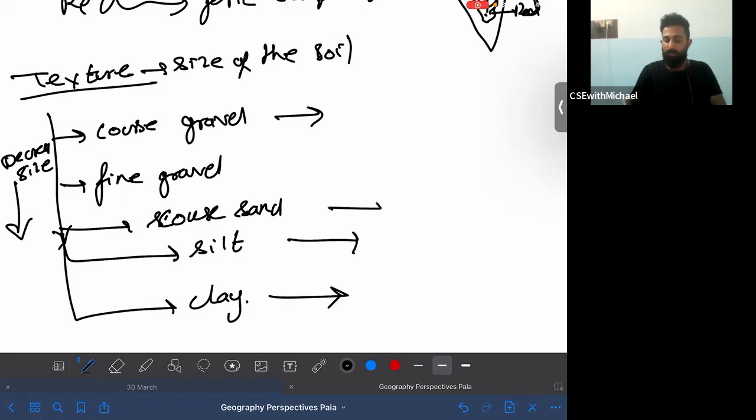Silt will be silt, and coarse sand will be the normal soil that you find, which is like sand. If there are more stones in the sand, that will be coarse gravel or fine gravel. When it is more composed of sandy material, it will be coarse sand or silt. Okay, this is basically the texture of the soil.